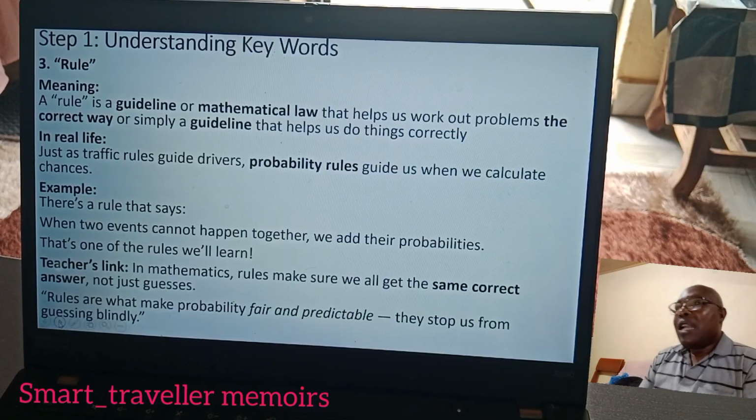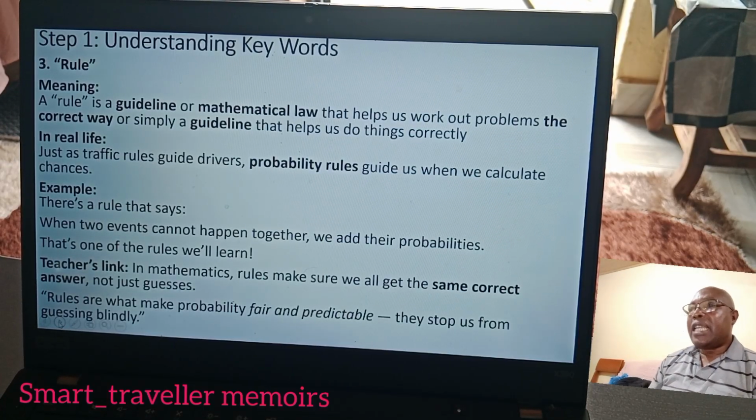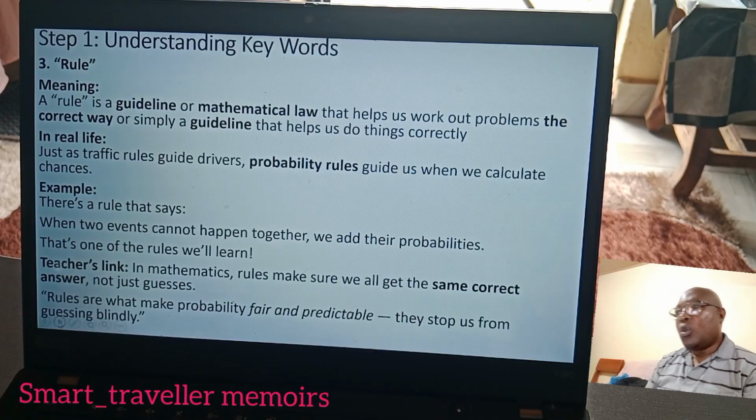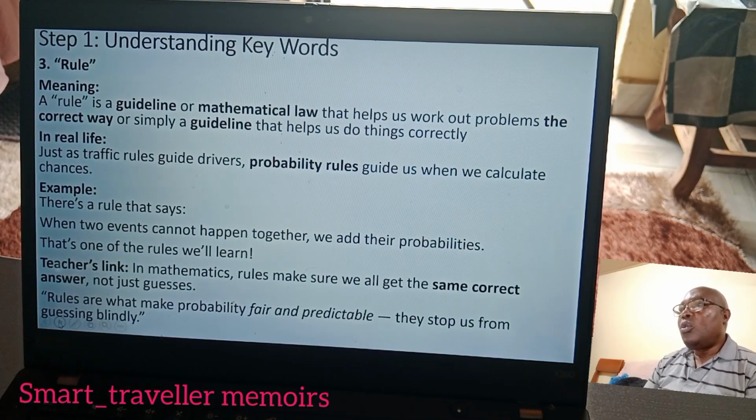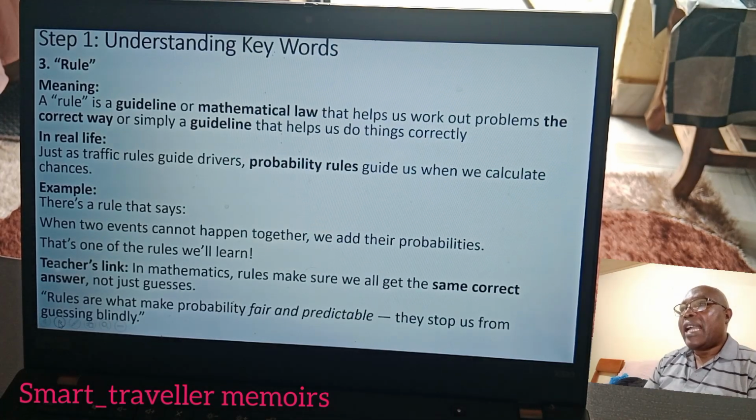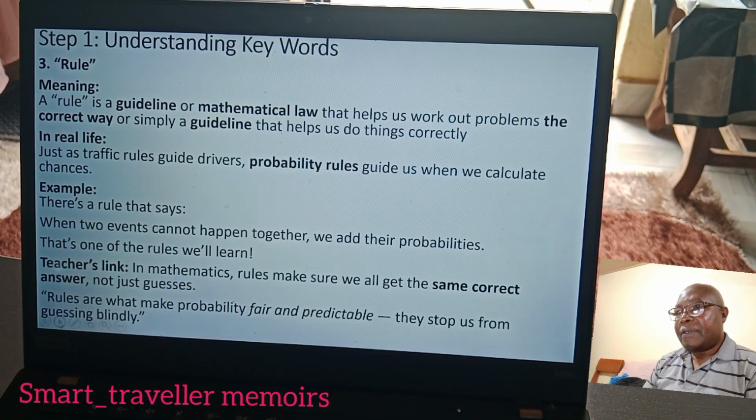Let's now come to the third word. Remember, the topic, again, to remind you, is basic probability rules. So what is a rule? A rule is a guideline or mathematical law that helps us work out problems the correct way, or simply a guideline that helps us do things correctly. In real life, just as traffic rules guide drivers, probability rules guide us when we calculate chances.